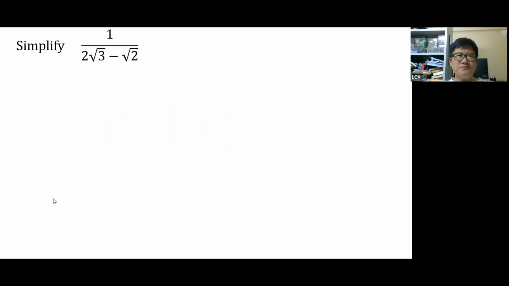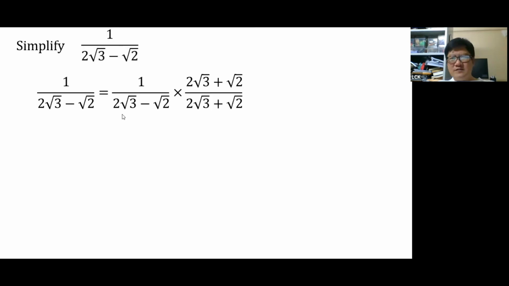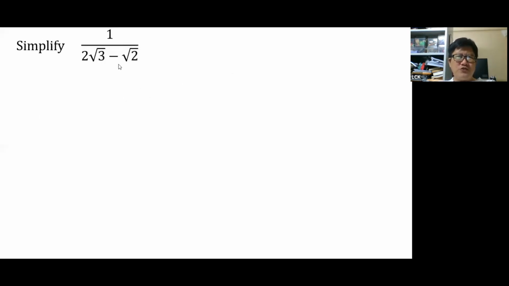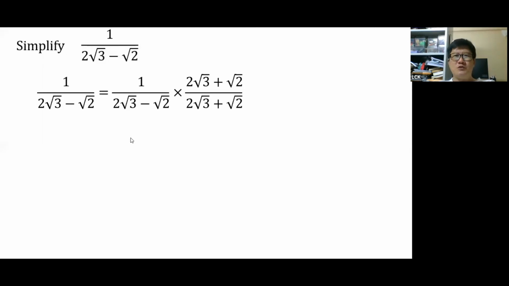Okay, let's go on. Something that appears only in the denominator, 1 over 2 square root 3 minus 2. It's the same. Now this is a little bit complicated because you have a 2 square root 3 minus 2. What do you do? What you do is very simple. Remember, A minus B times A plus B is A squared minus B squared.